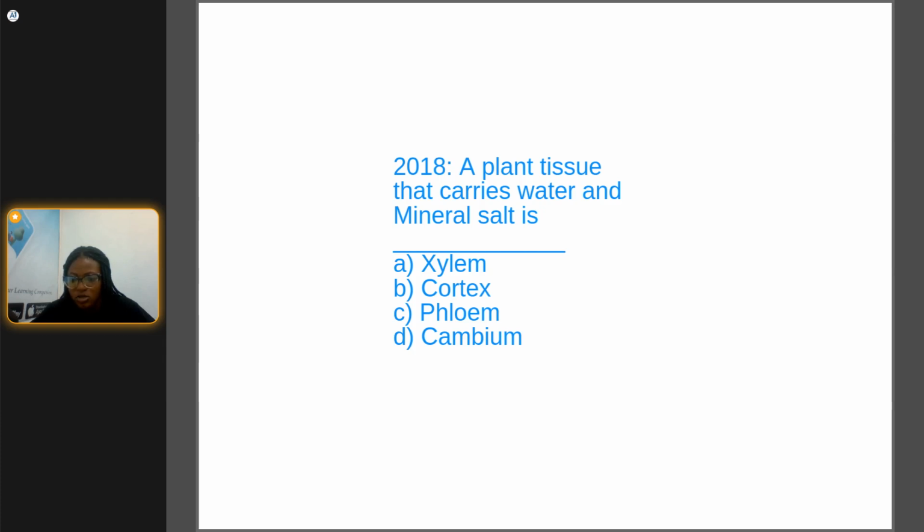Okay, we have the answer as xylem. Like I mentioned earlier, a plant tissue that carries water and mineral salt is the xylem. I mentioned that the xylem carries water and mineral salts in plants, and phloem carries food in plants.